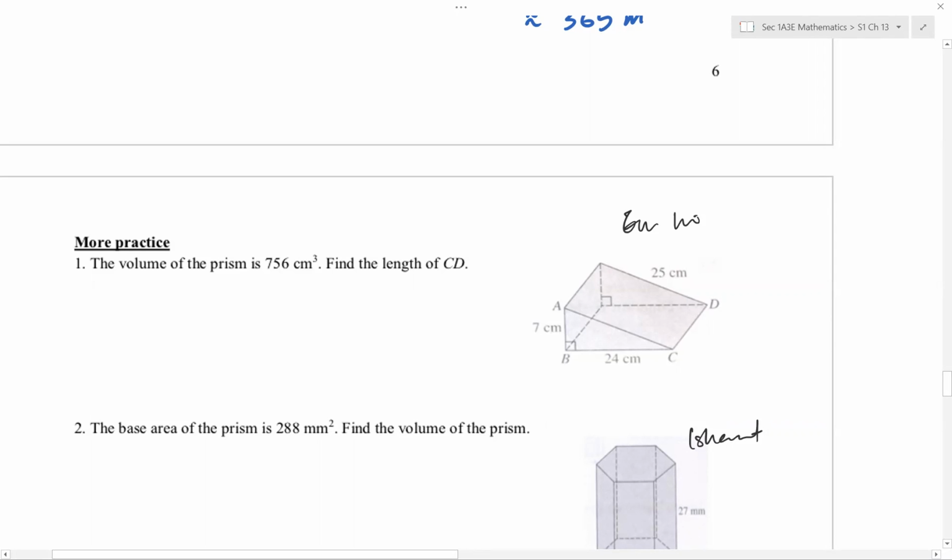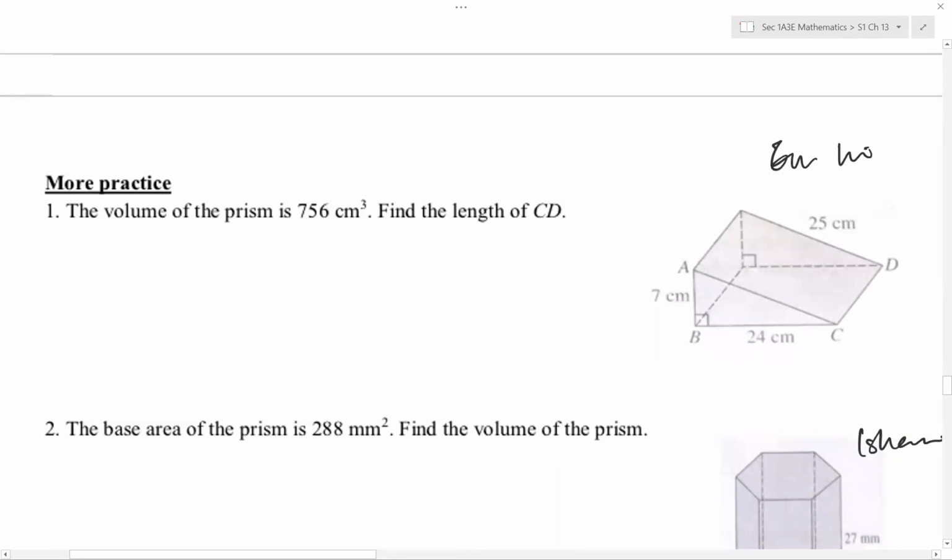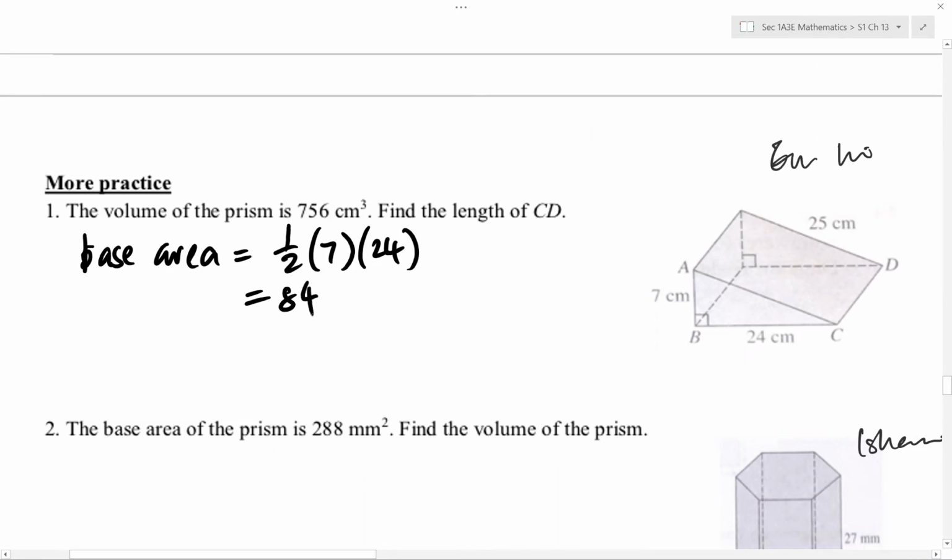Find the length of CD. Okay. Base area. Half 724. So 12 times 7, 84. Okay. Good.